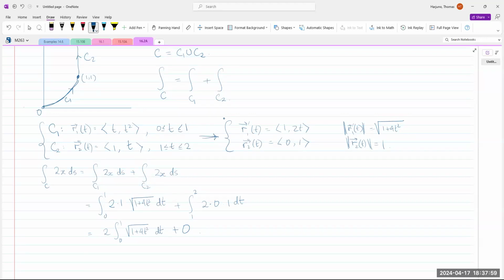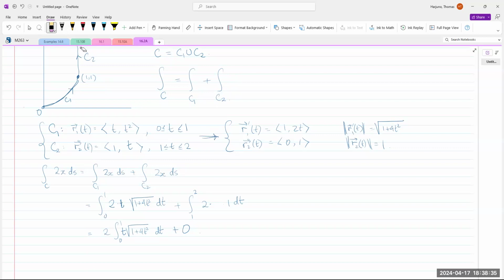Now how to integrate that is another story that you're supposed to have learned from calculus 1. Oh, sorry, my x is t, not 1. So this is t here. My x is t, my bad. And for C2, x is 1.